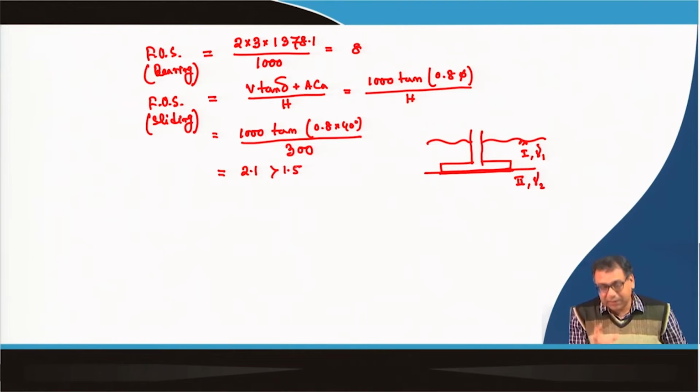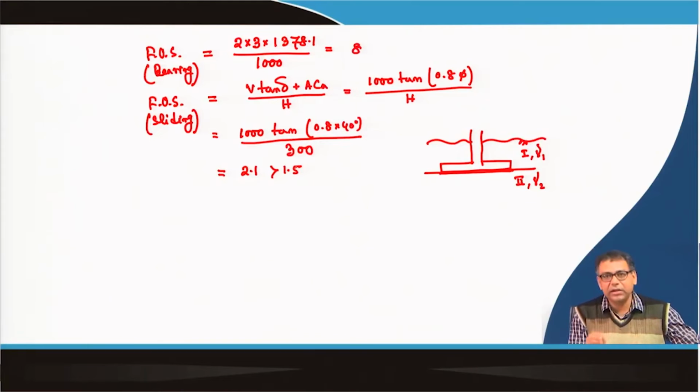So, the bearing capacity factor of safety is very high, but as per the sliding it is more or less okay. Still, you can reduce some factor of safety. So, you can modify your design, and then you can slightly make the design economical also.